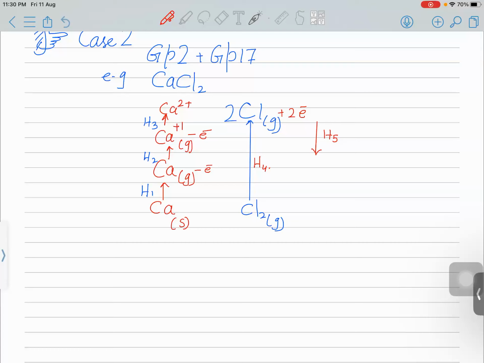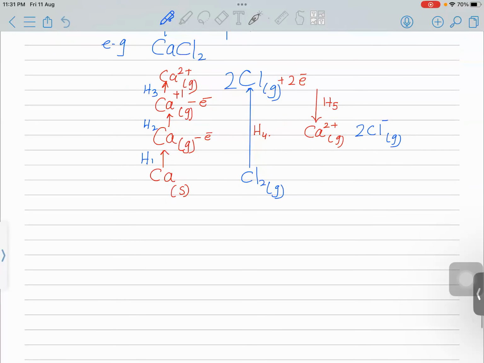Now next, calcium is here because of the attraction of chlorine. Chlorine becomes negative, gaseous.